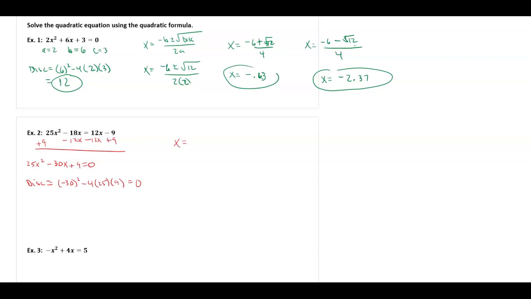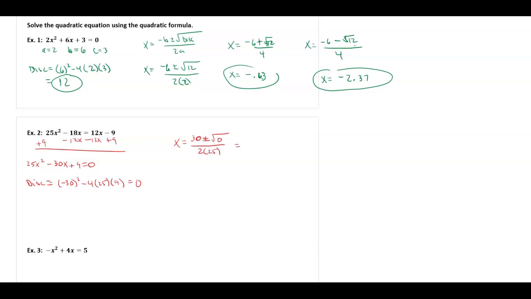So once you go to do this, you're going to say the opposite of b. So if b is negative 30, we would get positive 30 plus or minus the square root of 0 all divided by 2 times 25.